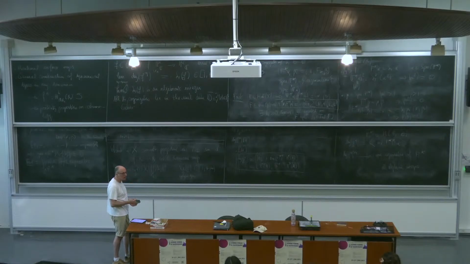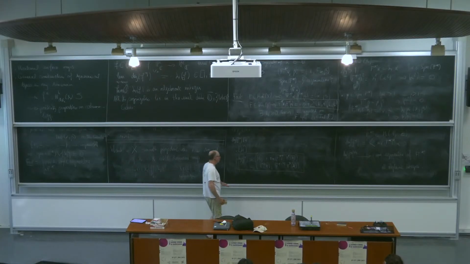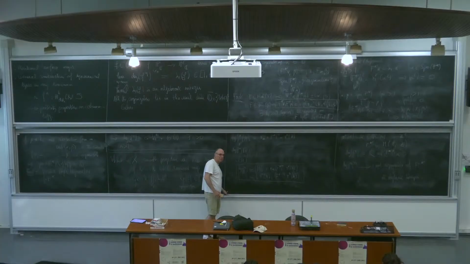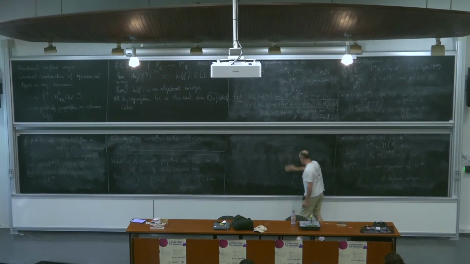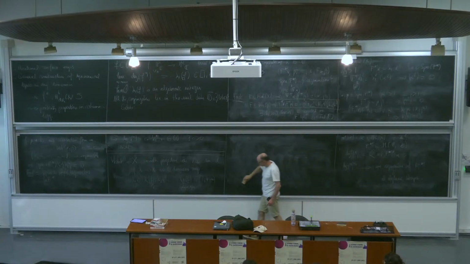I'm going to spend like 8 minutes to think about what I need to do in the remaining 8 minutes. Okay. Let me write down a couple of things and try to explain the roadmap for the last hour. I didn't manage very well this timing.